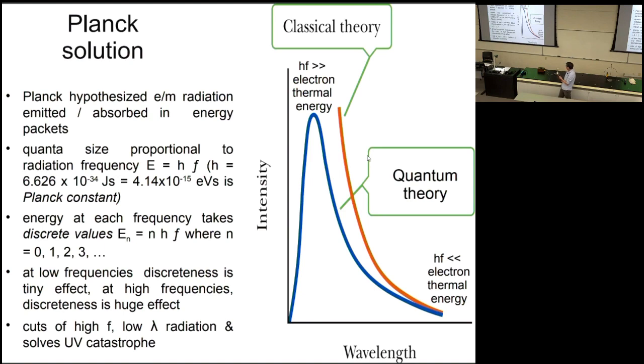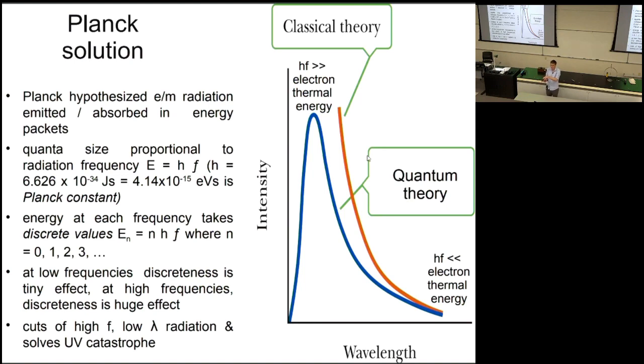So this is the recipe. There are two parts to this. There's the idea of the energy packets, but then there's the recipe for how big the packets are. And key is the fact that the packets depend on the frequency. That means that for black body radiation at any particular frequency, the energy is no longer continuous, no longer smooth. No longer can you have any energy you like for black body radiation at a particular frequency.